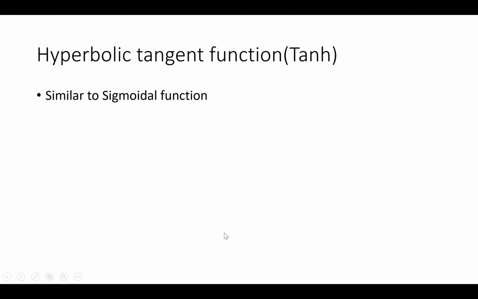It is a function which is similar to the sigmoidal function in its functioning, only the range changes: its range is from -1 to +1. Near the origin, as I mentioned, the sigmoidal function is not symmetric and it gives only one sign near 0. Here it is symmetric and it provides both signs, positive and negative, thereby helping the network to develop a better model and give a better result.